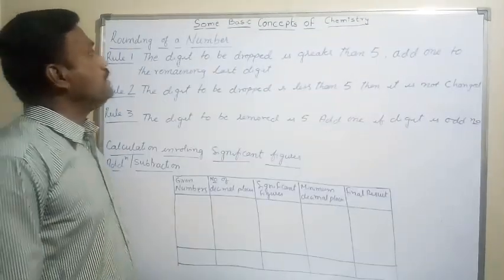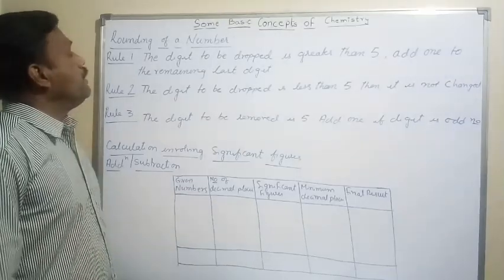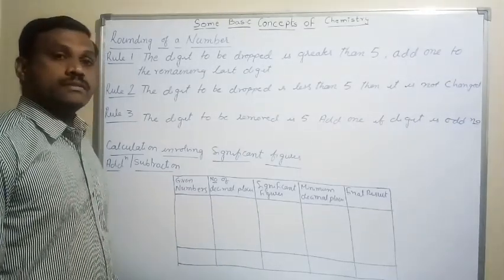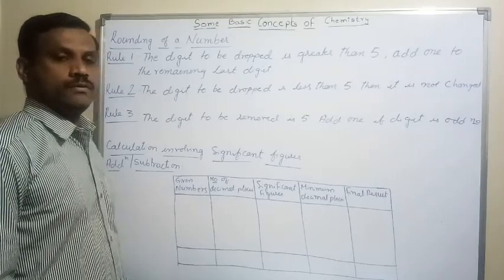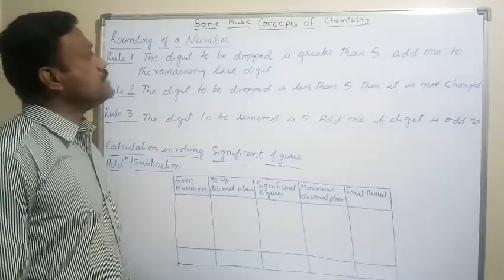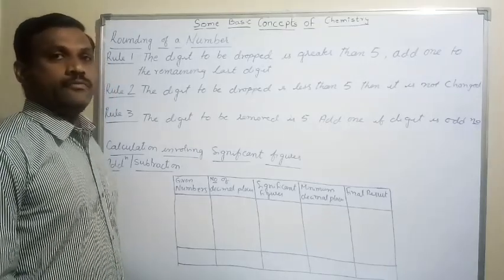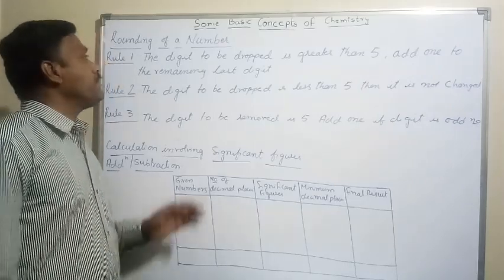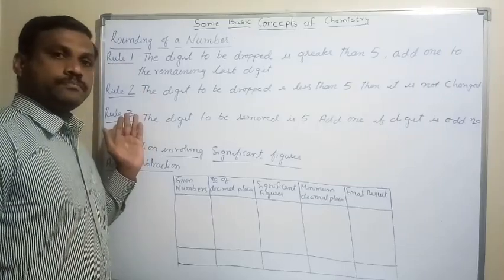Rounding of numbers means the digits which are not significant are removed. Rounding of numbers is done to retain only significant figures. It is done by following 3 rules.